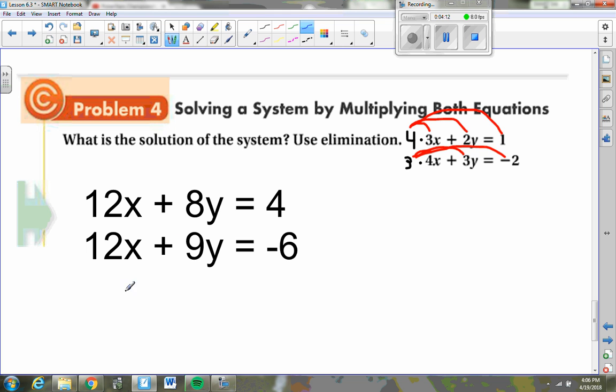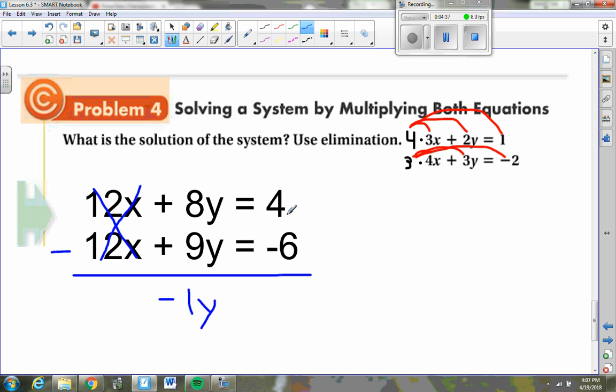So this is what I'm going to be eliminating. I'm going to be eliminating the x's, and because they are both positives in front of them, I will subtract. 12 minus 12 will go away and get 0. Then I'll subtract the rest of the equations and see what I get. In terms of my y variable, I have 8, and I'm taking away 9, which leads me to negative 1y.